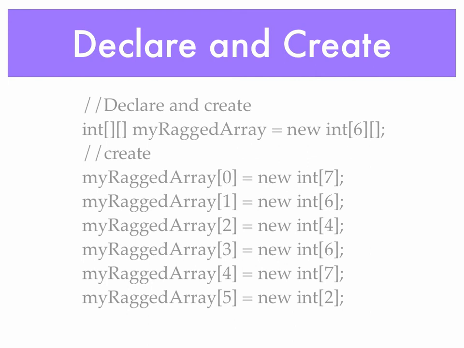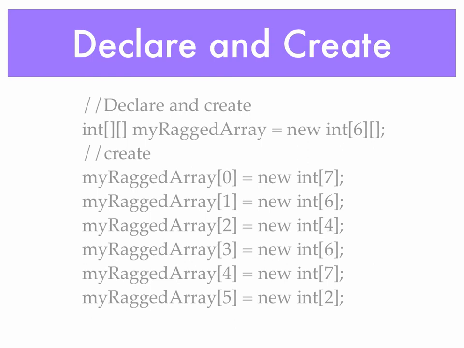When I establish how many elements in each row, I'm doing that in these next 6 lines, where I say myRaggedArray[0], that is row 0, will consist of a new array that'll hold ints, and it'll be 7 elements long. myRaggedArray[1], that is the second row, will be a row of 6 ints. The next one 4 ints, the next one 6, the next one 7, the next one 2.